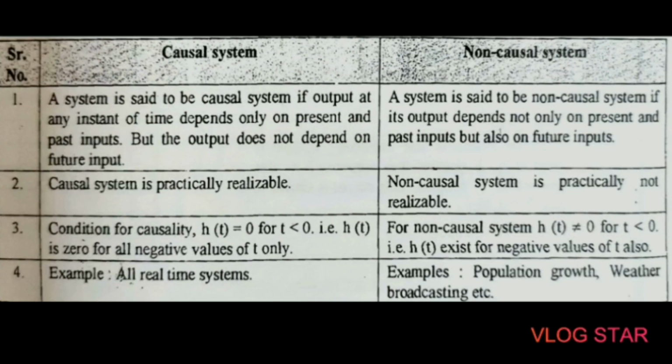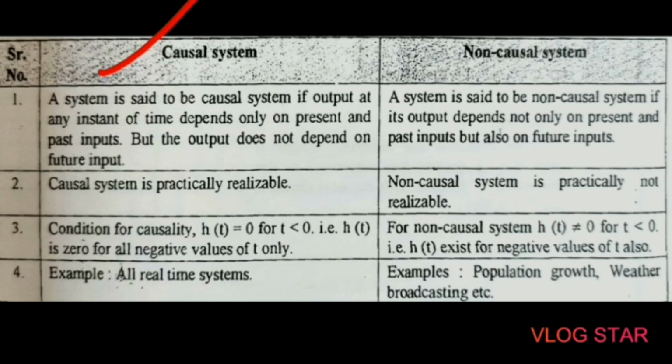Here we can clearly see the different points regarding the causal system and the non-causal system in this table. A continuous time system is said to be a causal system if the output at any instant of time depends only on present and past inputs, but does not depend on a future input.